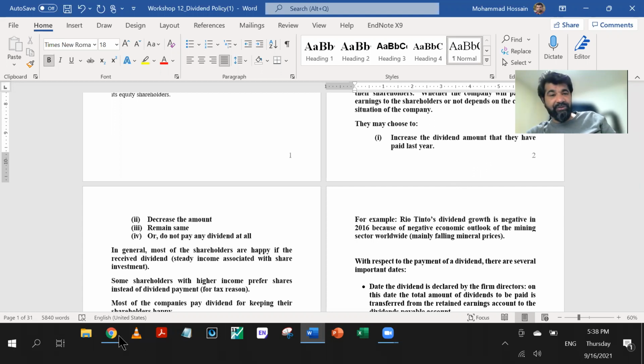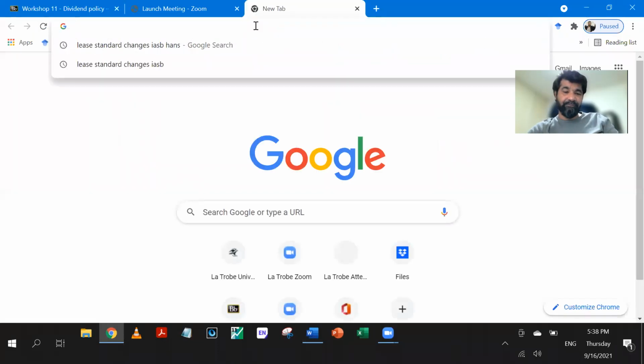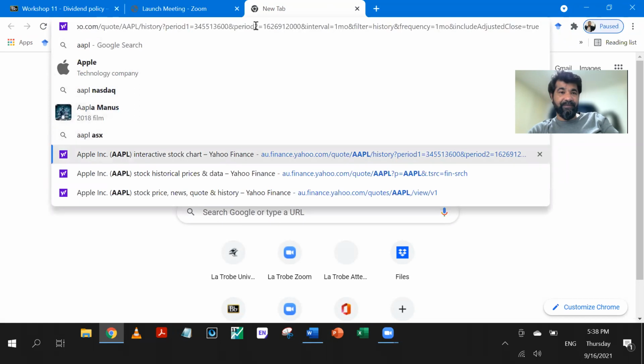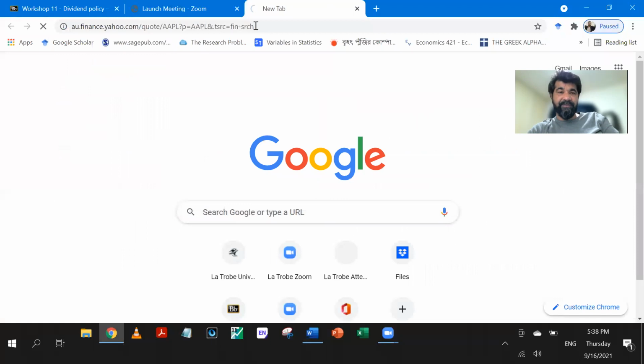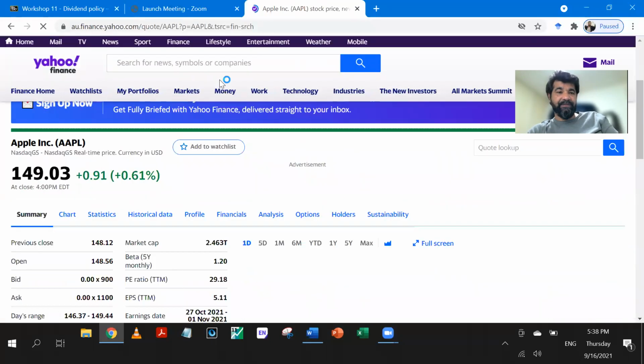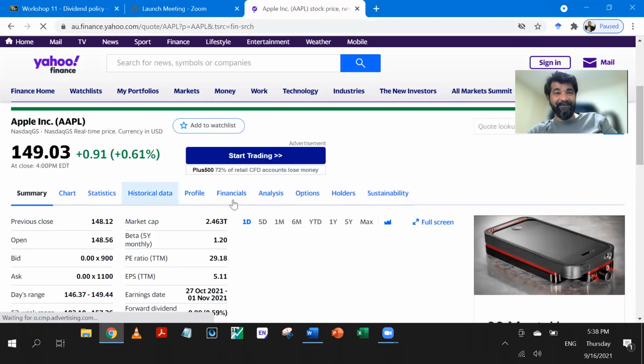If I show you Apple computers, for example, you will see here that Apple did not pay dividend for a long time.